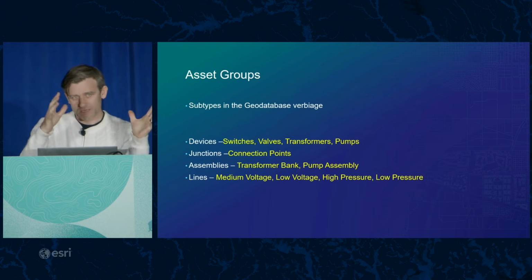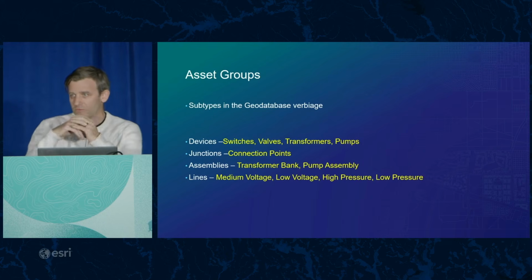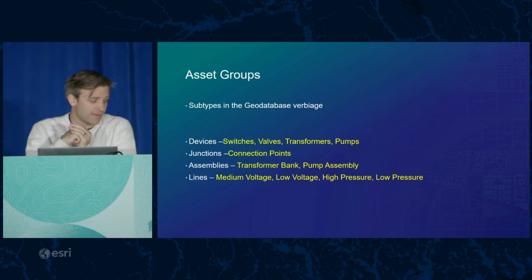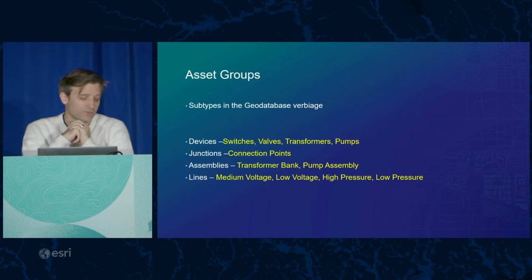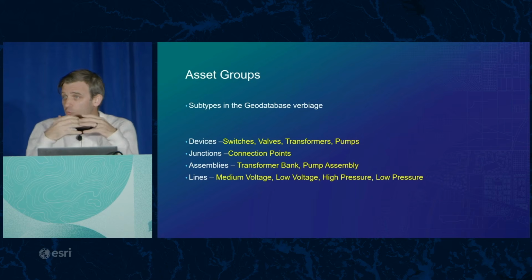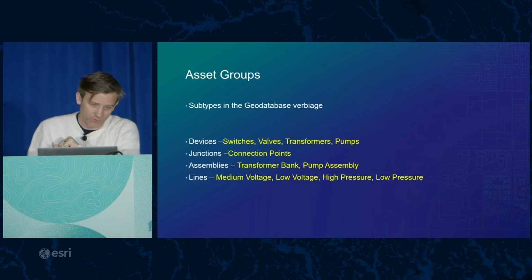The switch is the subtype. All the other configuration and details about it are a different thing, and we'll get into that next as to what they are. So we support our asset groups on devices, junctions, assemblies, lines, as well as the edge object and junction object table. They all require asset groups in order to be configurable and to be usable.